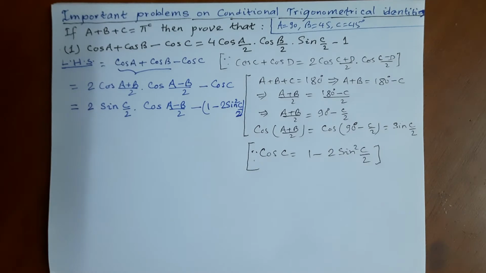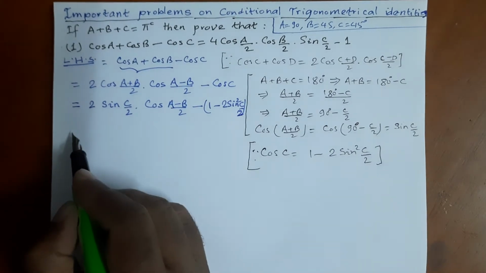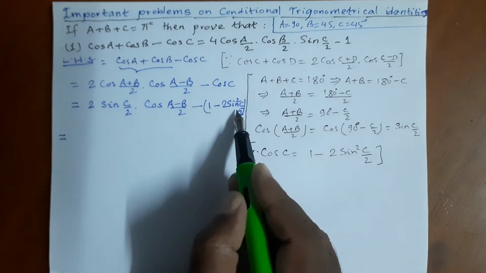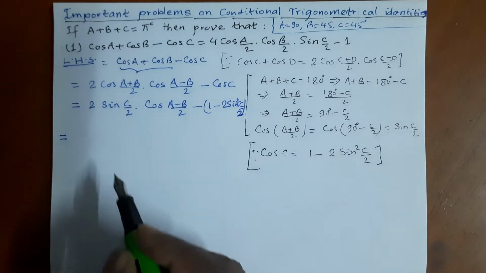Now from this and this, we can take out 2 sine C over 2.